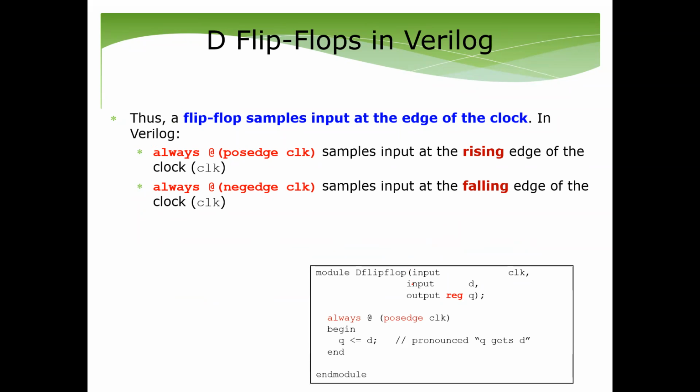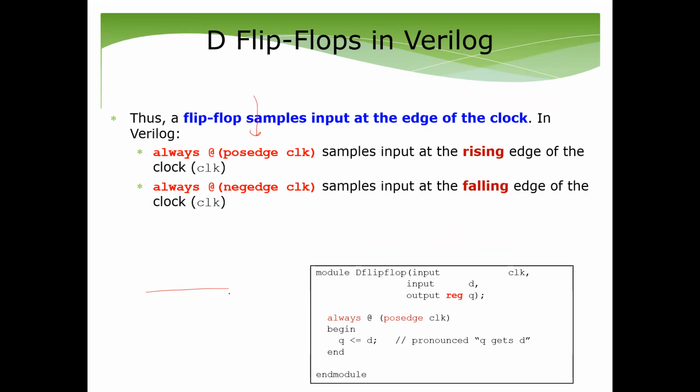So how do we tell Verilog that we want to follow this behavior? We're going to use an always statement, but instead of having all the inputs listed in our sensitivity list, it will change.